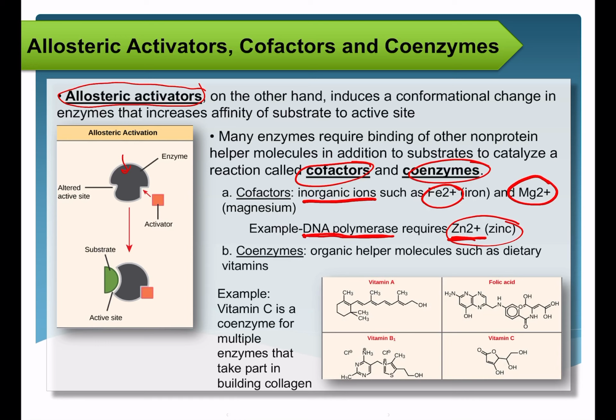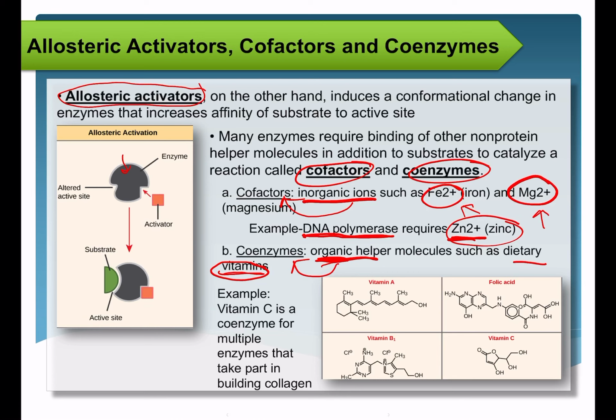While coenzymes are organic helper molecules such as dietary vitamins. So you can tell that these are ions right here. That's why they're inorganic ions. Inorganic ions, cofactors. Organic molecules, coenzymes, and all of them are usually vitamins.